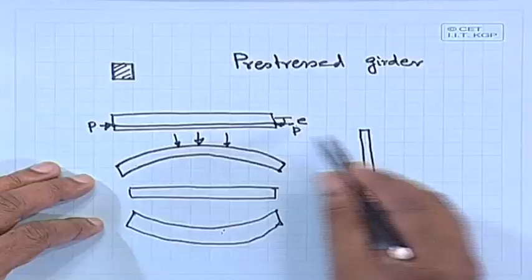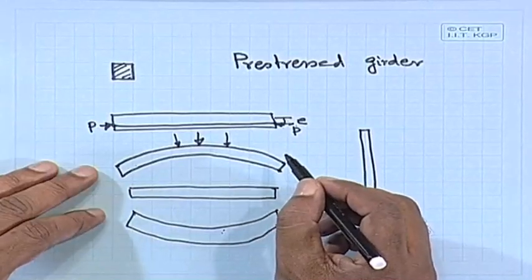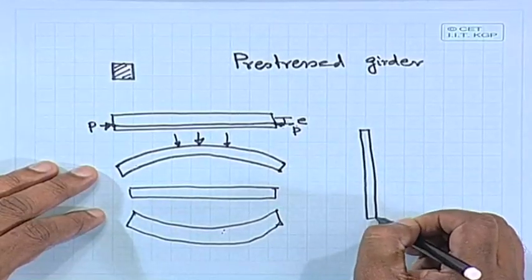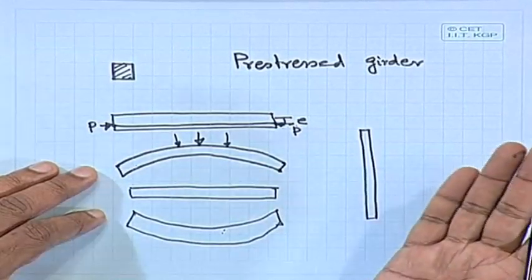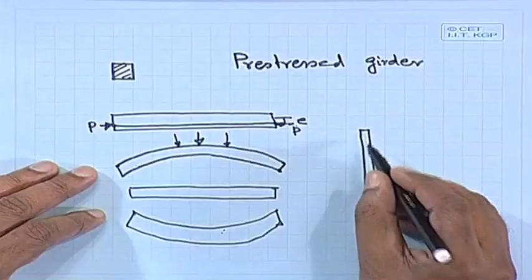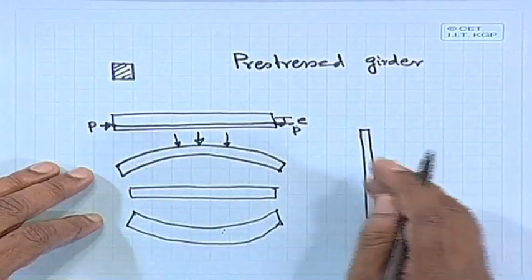But here what we do is use the pre-stressed girder, and that can go 40 meter also, and the depth will be 1 meter, 1.5, something like that. And we use a number of cables, and we use it in bridges.